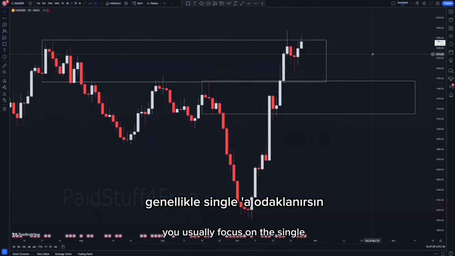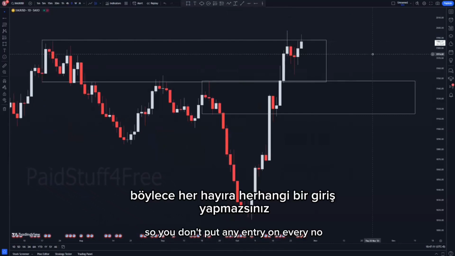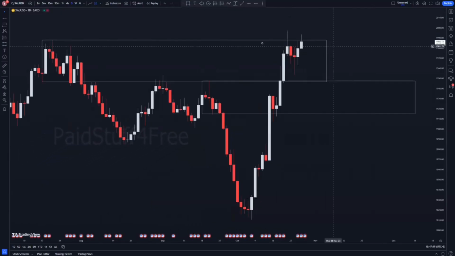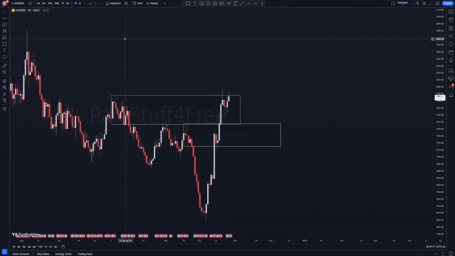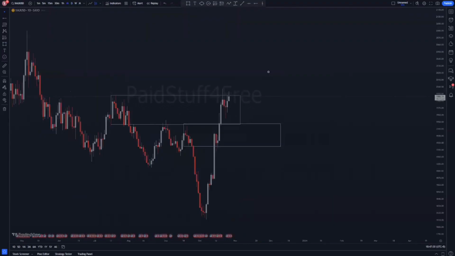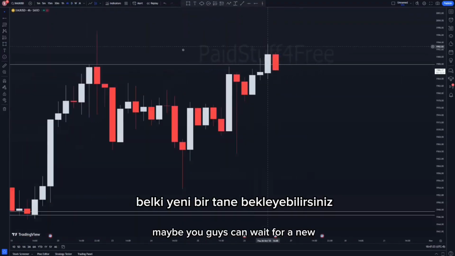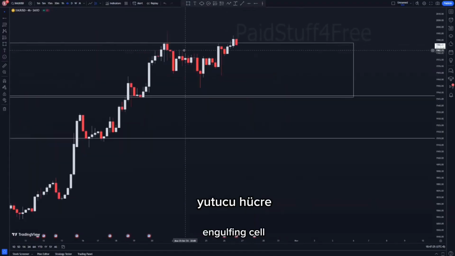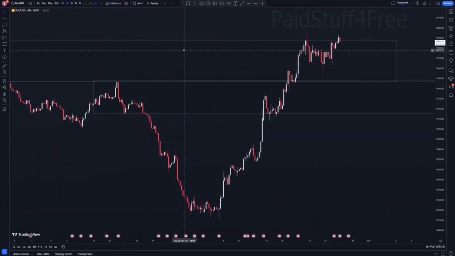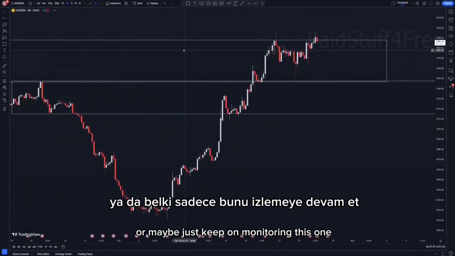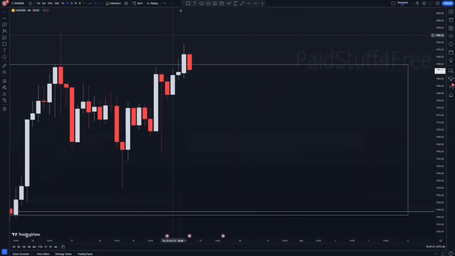So you usually focus on the single? Yeah, exactly. You don't put any entry on every? No, not doing it. For gold, maybe you guys can wait for a new engulfing sell, or just keep on monitoring this one.